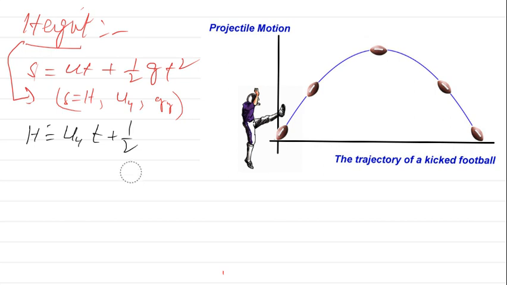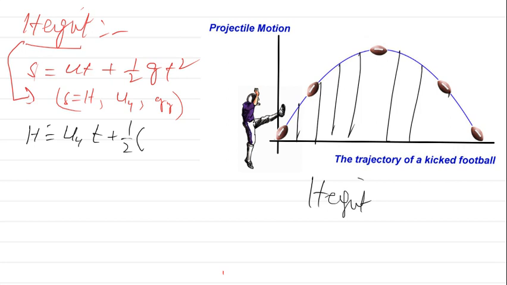Positive or negative? Again here is the confusion, and students face problems here when considering the height. So listen carefully. I am using the word height. Height can be this height, this height, this one, this one. All are the height at different positions.